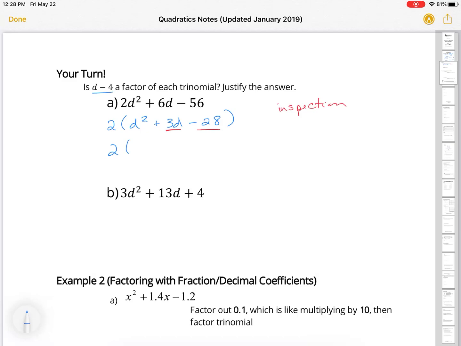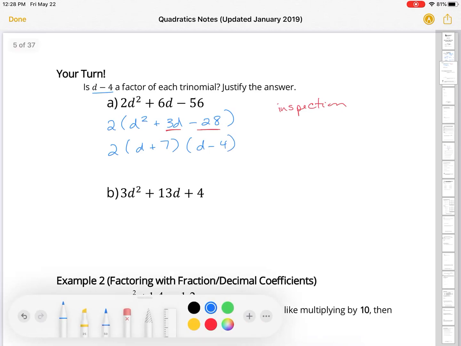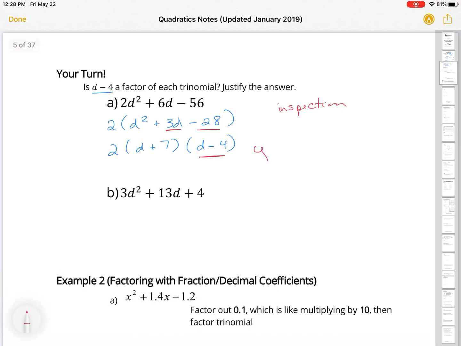So two numbers that multiply to give me minus 28 and add up to plus 3 are plus 7 and minus 4. So d plus 7, d minus 4. So is d minus 4 a factor? Yes. D minus 4 is a factor.